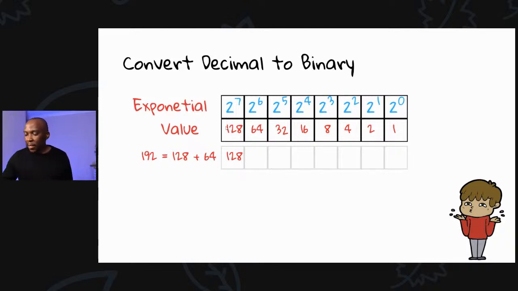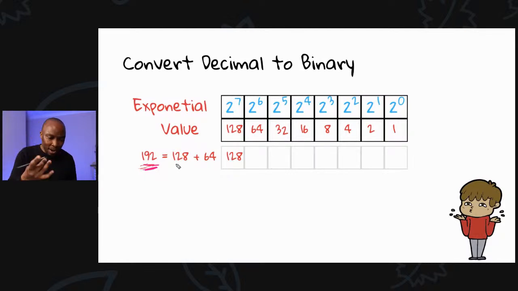If this was a $128 note, a $64 note, a $32 note, ask yourself, if you're going to go to the shop and buy something worth $192, which of these denominations do you need to get to 192? And in our case, we need 128 plus 64.